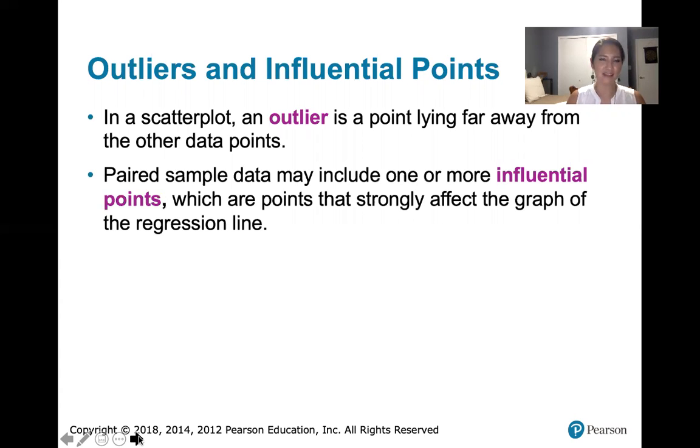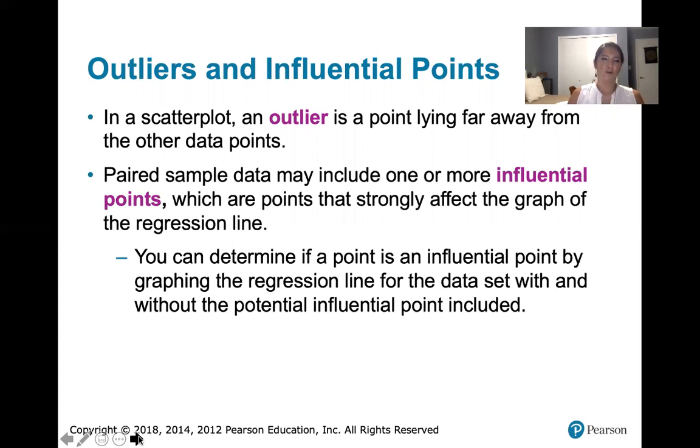Now, if you're dealing with paired sample data, that paired sample data may include one or more influential points. These are points that strongly affect the graph of the regression line. So if you're trying to determine if a particular point is an influential point, you would have to graph the regression line on that scatter plot in two cases.